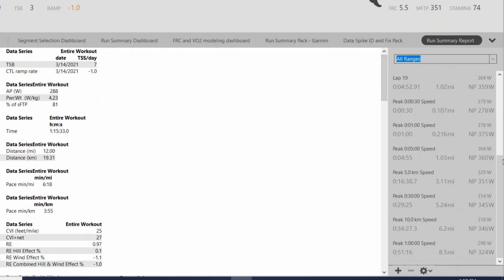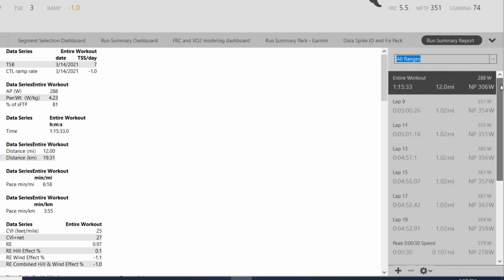Another thing about the report is that right now it's displaying what is selected over here on the right hand Explorer. Right now it's displaying the entire workout, it even says so right here. It draws in the data, averages, etc. for that entire workout.